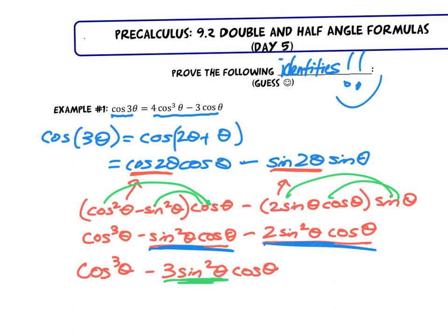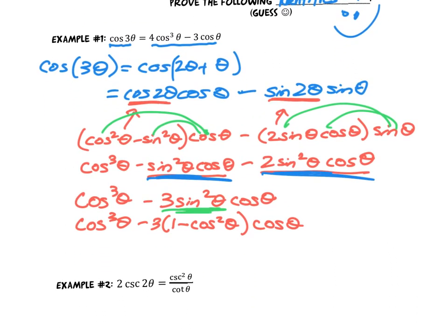Okay, so let's move on. So now I can write cosine cubed theta minus 3 times 1 minus cosine squared theta, cosine theta. Okay? Just a little bit more to go.